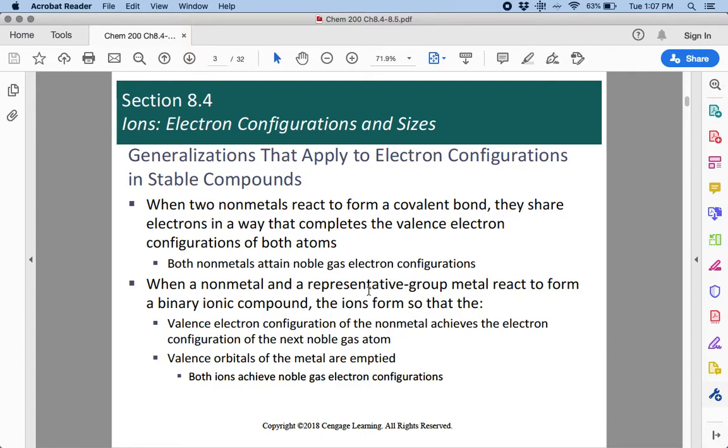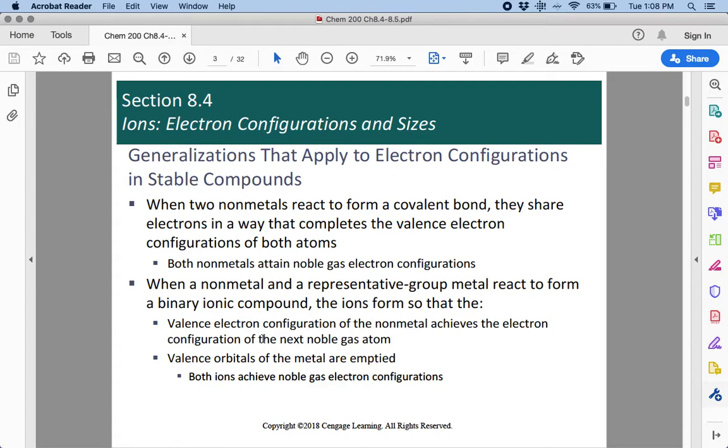When a nonmetal and a representative group metal react, something like potassium or sodium, we get what we call a binary ionic compound. Binary standing for 2, metal and nonmetal. Ionic compound because it's a give and take of electrons.